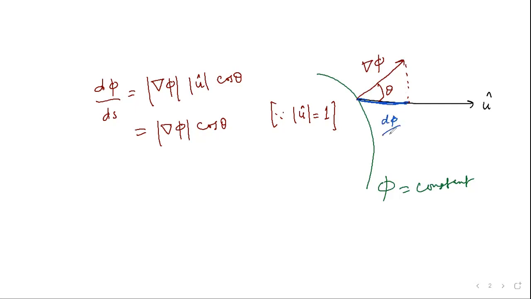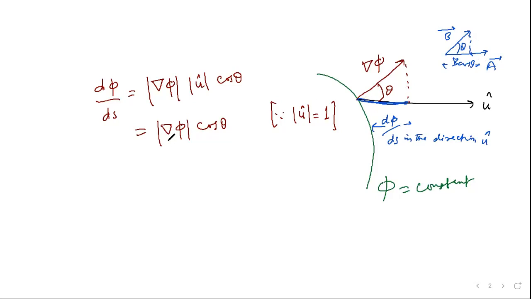It is d phi by ds in the direction u cap. Just like in vectors, if you have vector A, vector B, then you have theta, then this length is b cos theta, component of b along A.